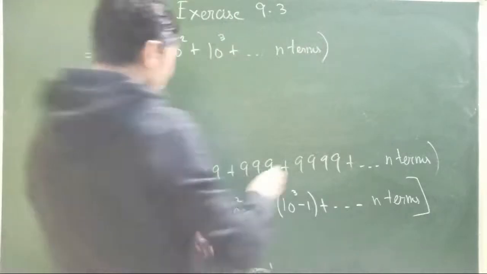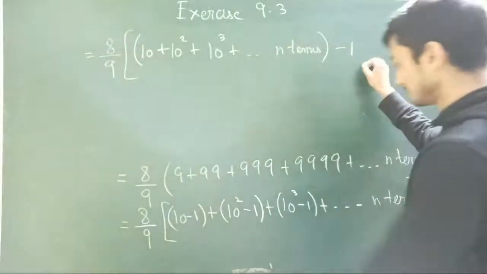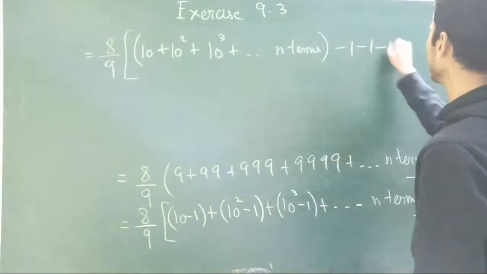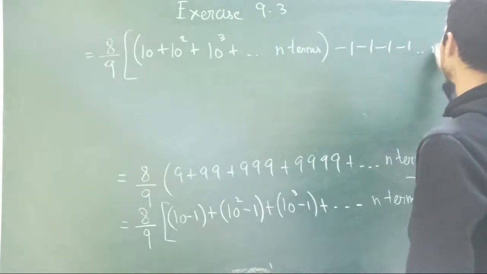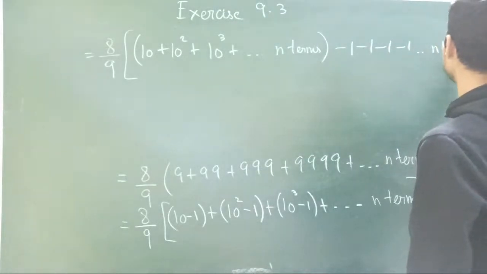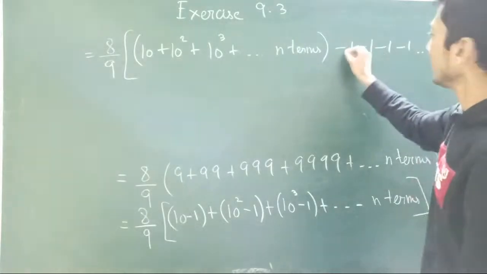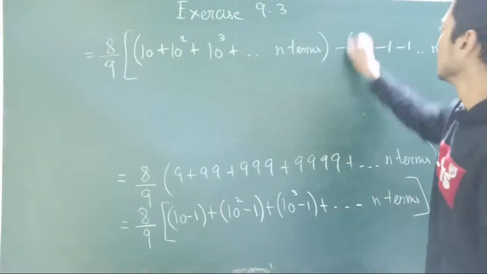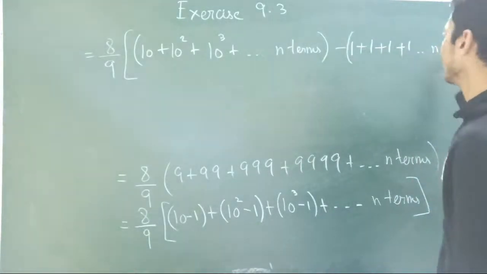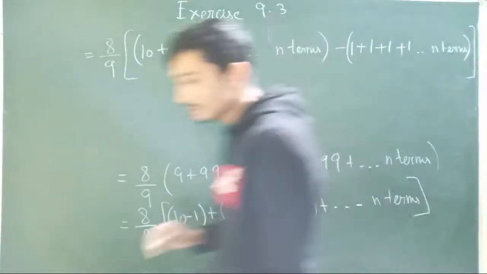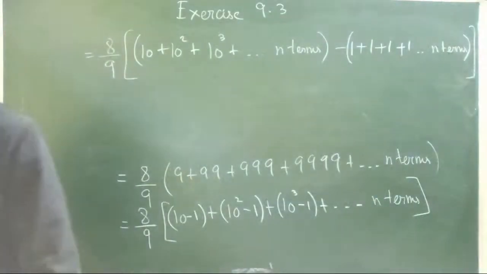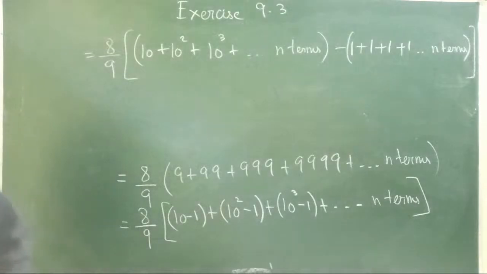And this minus 1, minus 1, minus 1, minus 1, up to n terms. Now, by taking a minus common, it will all become plus. I think that's fine. There's no problem so far.